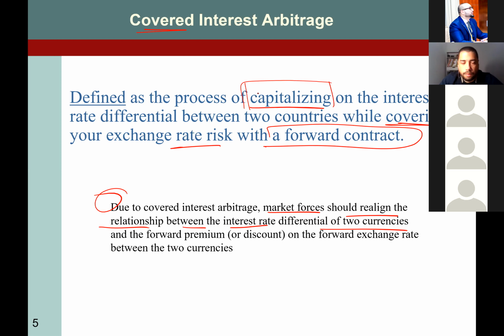When everyone starts to exploit this opportunity, the market goes to equilibrium, and after that there will be no opportunity to make a profit.